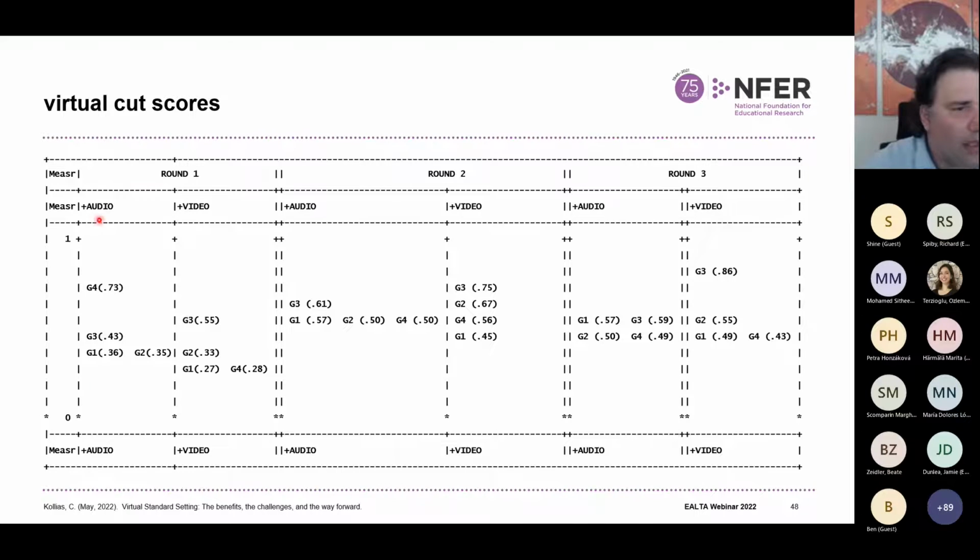So group 1 in the audio had 0.36 and in the video had 0.27. The difference being 0.09. Group 2, and this is round 1, had 0.35 with 0.33. As you can tell, the difference was so minute, 0.02. Group 3, 0.43 with 0.55, the difference 0.12. And group 4, 0.73 to 0.28, the difference being 0.45.